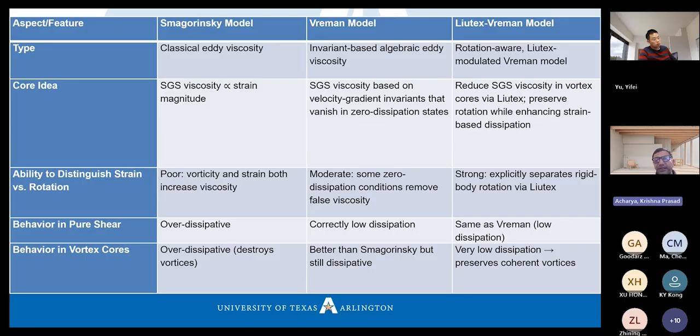Vreman, correctly low dissipation. Liutex Vreman, same as Vreman, that is low dissipation. Behavior in vortex cores: Smagorinsky, over-dissipative, it destroys vortices. Vreman, better than Smagorinsky, but still dissipative. And Liutex, very low dissipation that preserves coherent vortices.